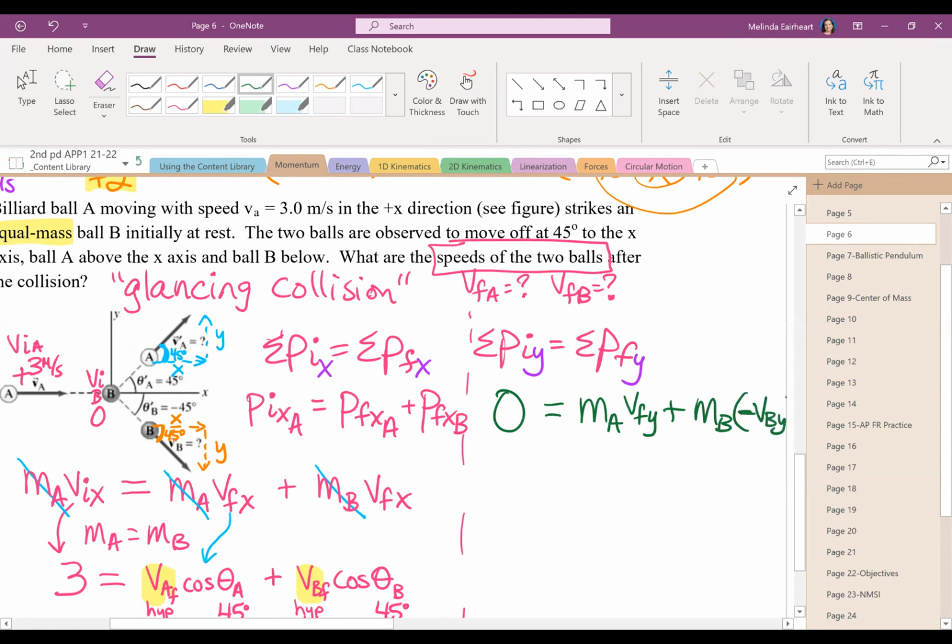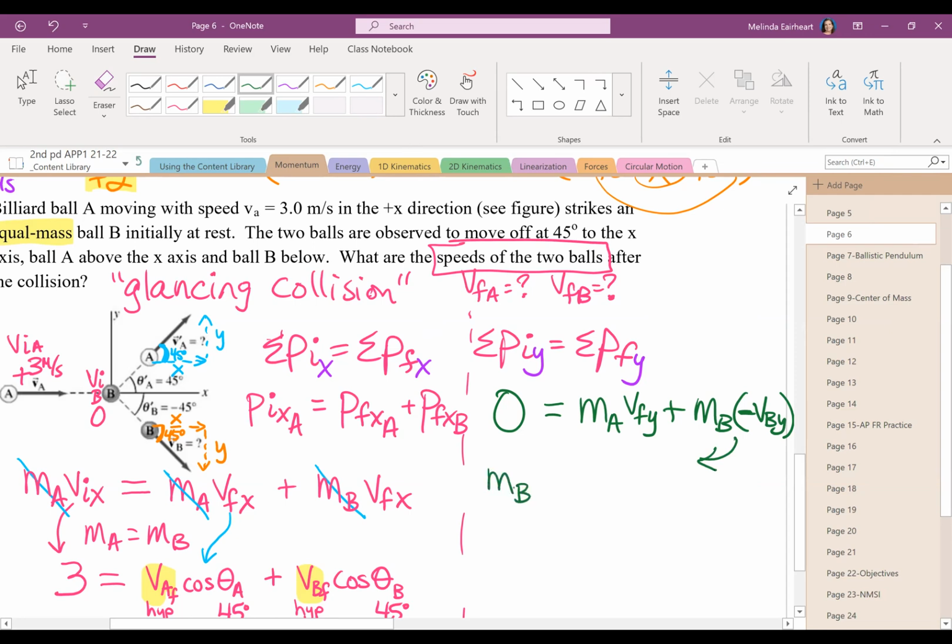You got to recognize that B goes down. And I don't think they told us down was negative vertical, but standard sign convention. Either way you do it, if they both add up to 0, can't I add the B momentum to the other side?